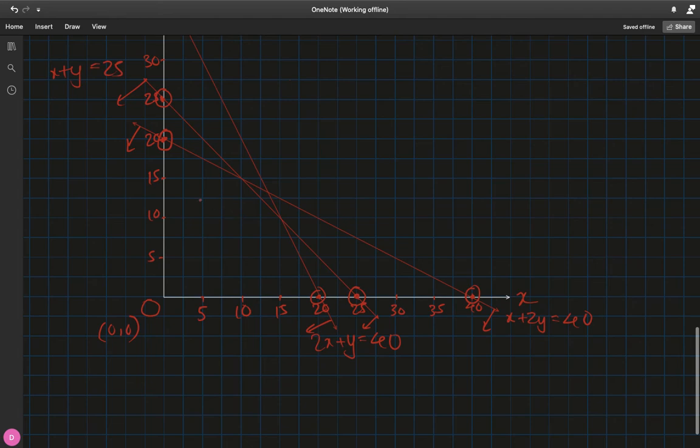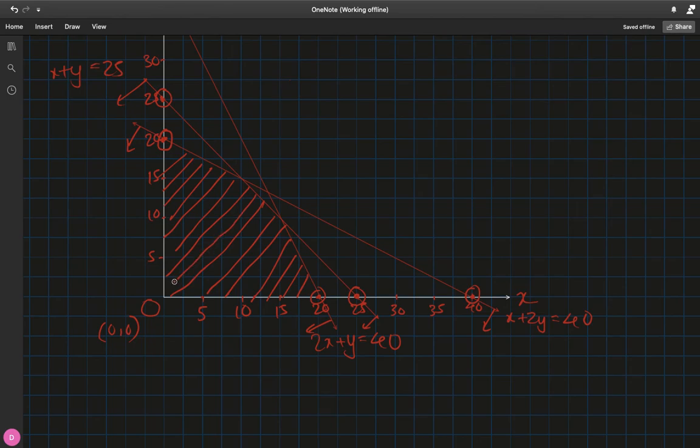So it's all the collective area, all the area that's before these three lines. So it's this area, the feasible region. And you can't just go past any one of the lines, because then you'll be escaping from the possible solution area.